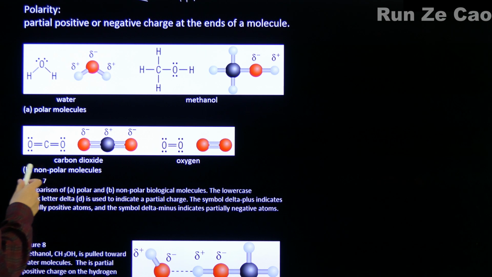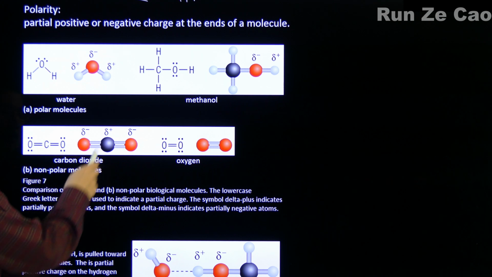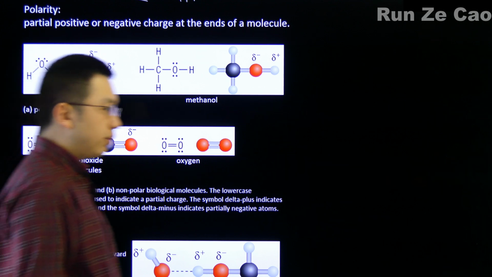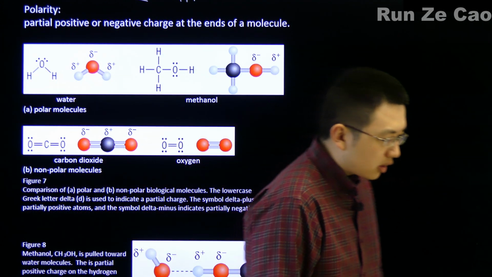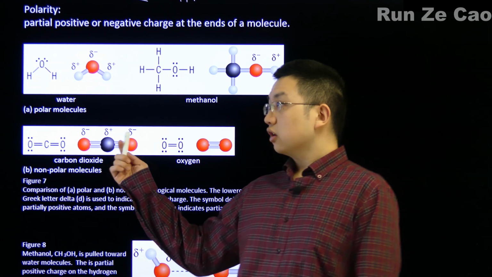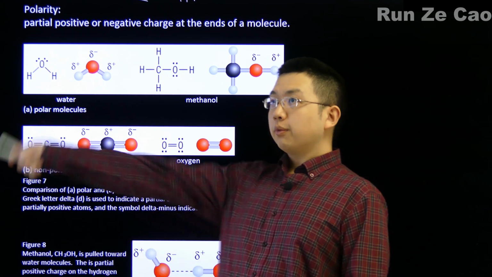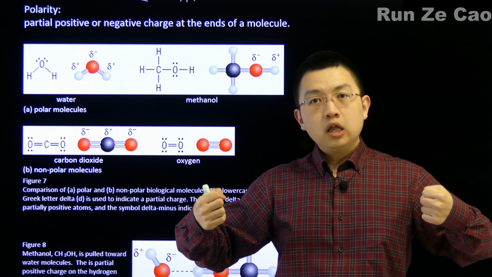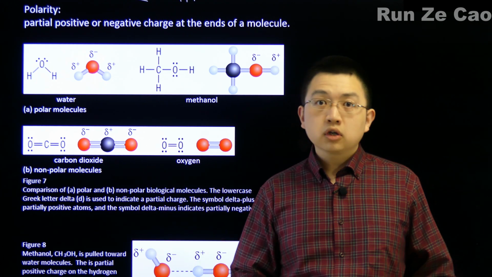So here, for carbon dioxide, we have the carbon being partially positive and both oxygens being partially negative. But carbon dioxide is nonpolar. Why? Because electrons are pulled towards this side, and electrons are also pulled towards that side. So, tug of war, and overall it's symmetric, nothing happens.